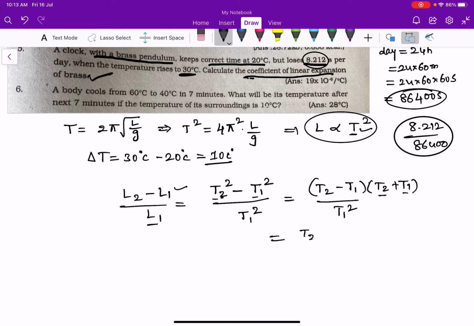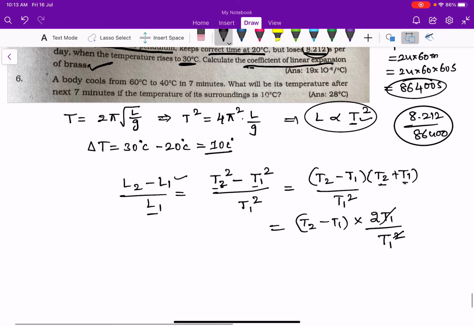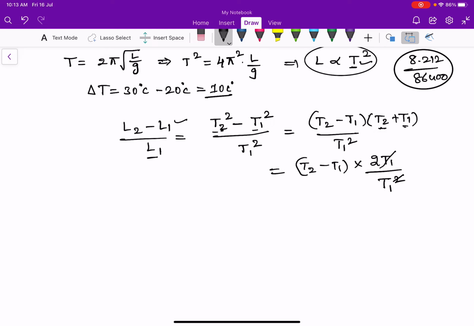Therefore T2 minus T1 into T1 plus T2 can be written as 2T1 by T1 square. So here one T1 gets cancelled. This is nothing but the change in time period, which is 8.212 divided by 86,400 into 2 by T1.